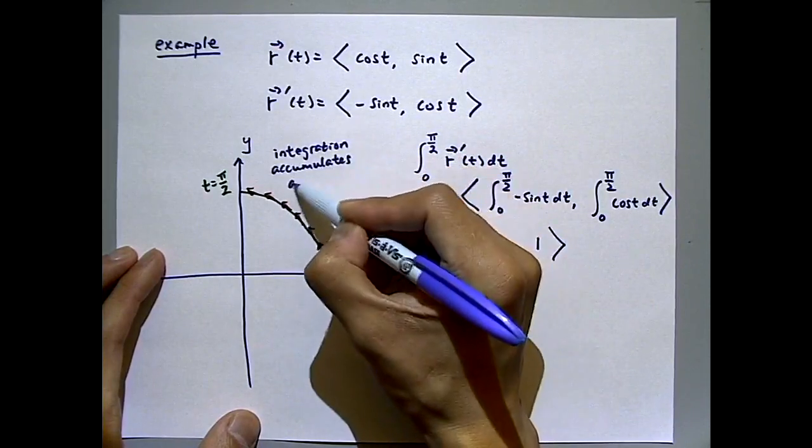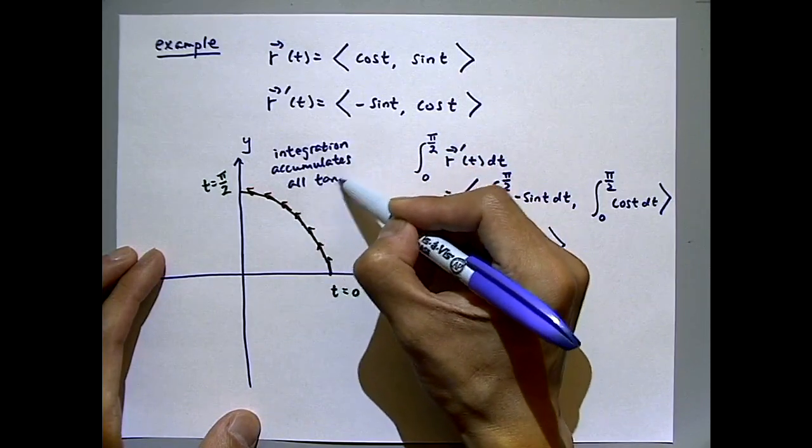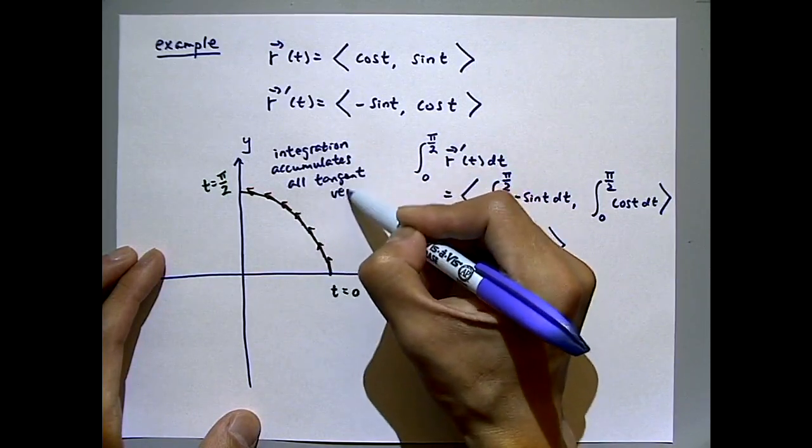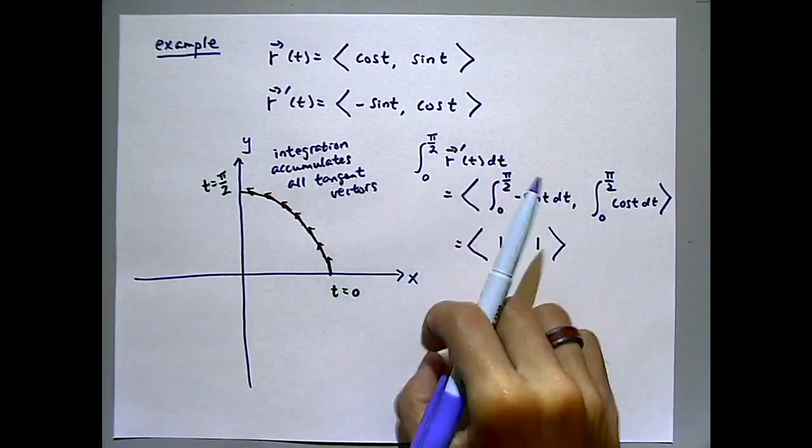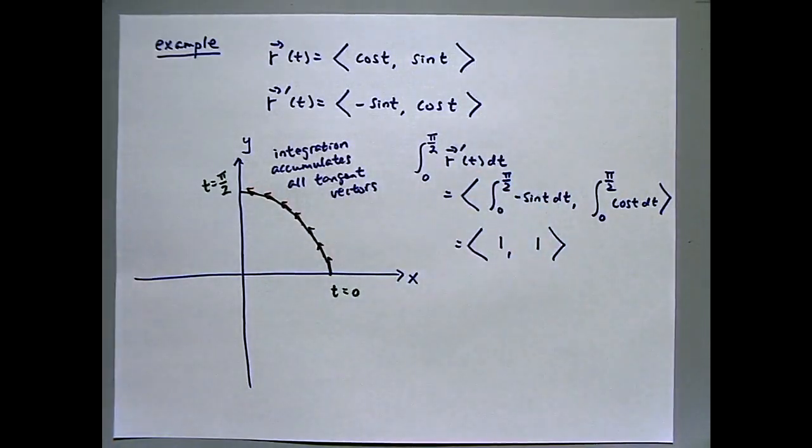It accumulates all tangent vectors. In a way, you're adding them with some kind of change in the magnitude.